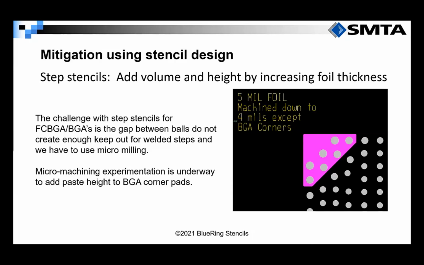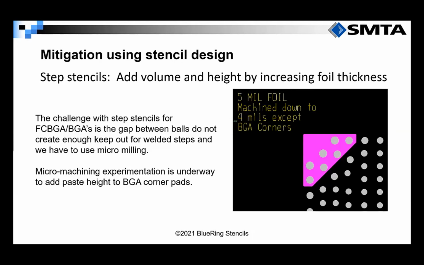We would machine the entire stencil surface down 1 mil, leaving these corner areas, shown in pink, 5 mils thick. When printing, the deposits in the pink area shown here would be 5 mils tall, and the rest of the deposits would be 4 mils tall. This is just another method we can use to approach this head and pillow defect.